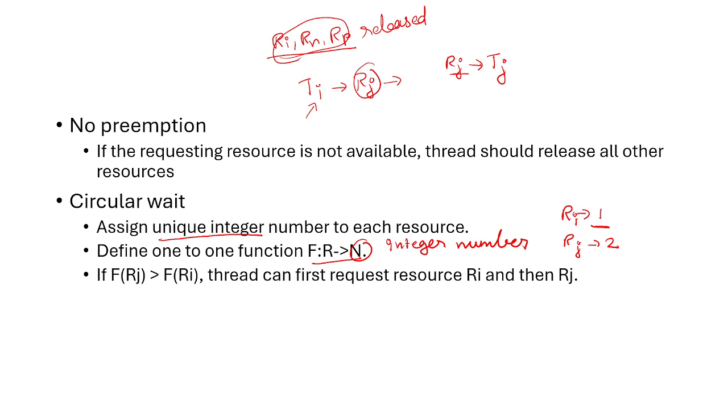So first the thread needs to request the resource having the minimum instances. If it is available, it holds that, then goes on to request the resource with the next larger number of instances. It requests the resources in that particular order.